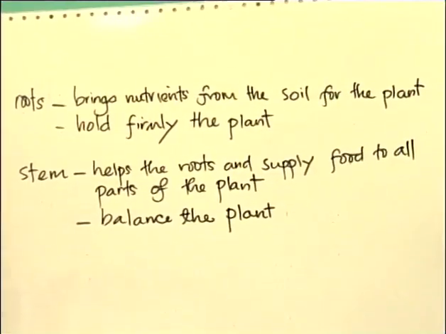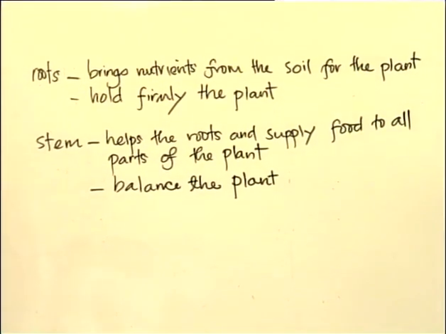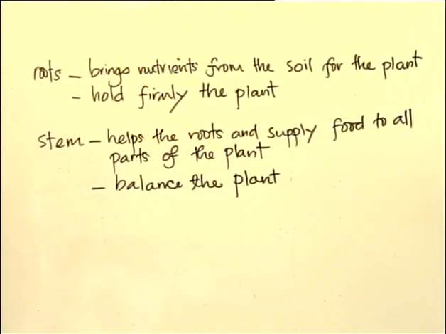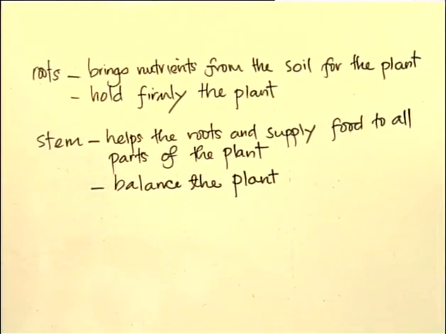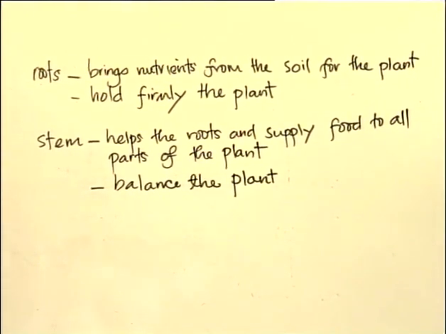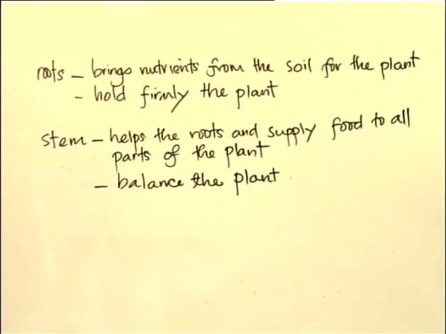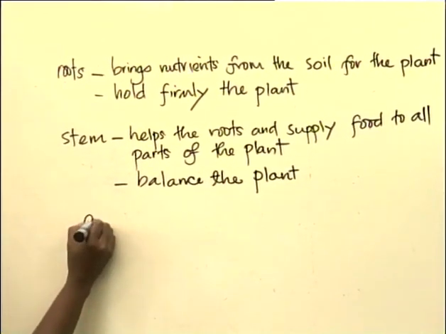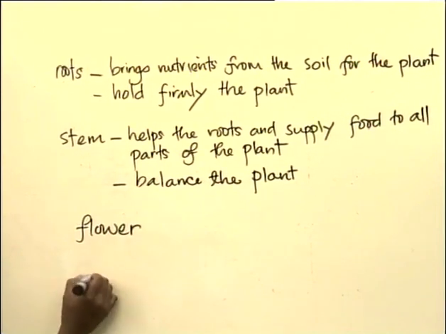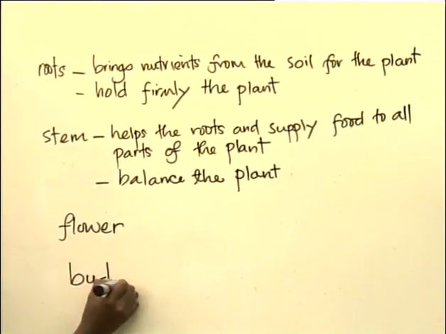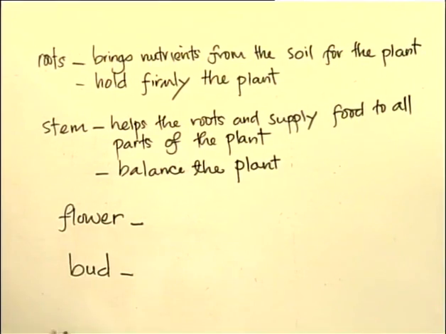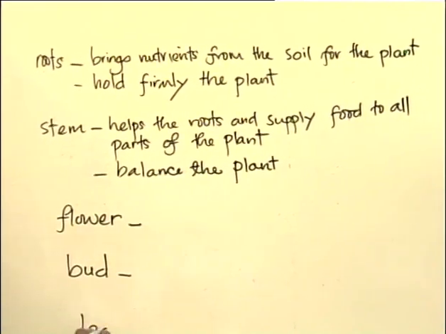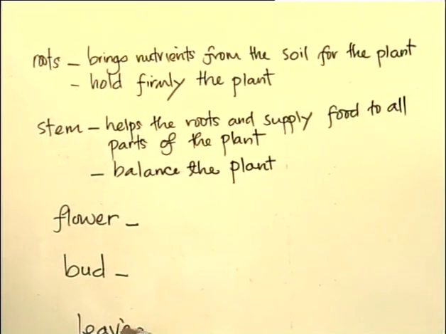Okay, good. Now, hands up if you have identified the function of the leaves and the flowers. We have roots and stem already written. We have the function of the flower and the bud. Sorry, one more: leaves.